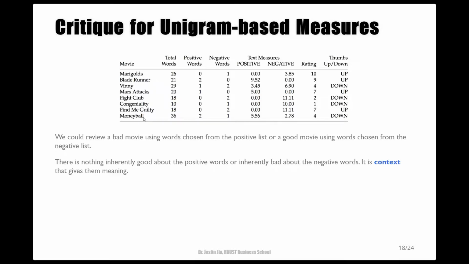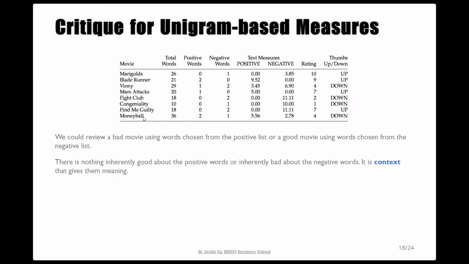The main drawback of unigram-based measures is that they only focus on the presence of a word, while ignoring the context of the word completely. In fact, a word's context can matter nearly as much as its presence. A good word can be used in a sarcastic setting, and a bad word used in a negated text could mean a praise.